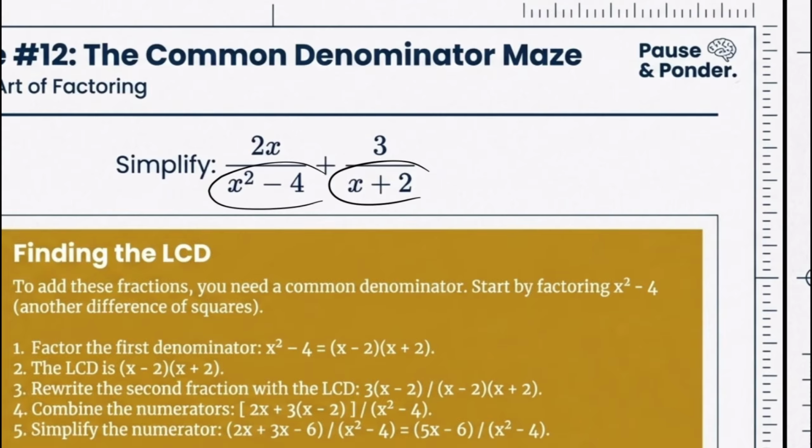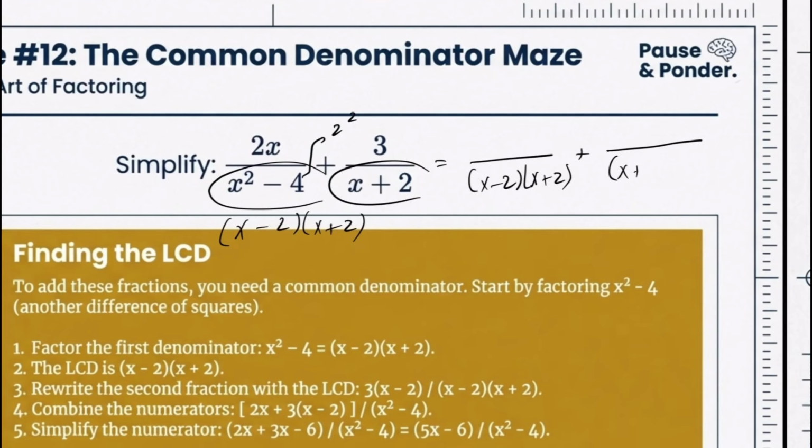As you know, x to the power 2 subtracted by 4 is x minus 2 times x plus 2, because as we just saw over there, 4 is 2 to the power 2, a difference of squares. So at this point, I can consider x minus 2 times x plus 2 as my LCD, and the only thing I have to consider is what happened to this one to become something like this? Nothing, so I can write it down.